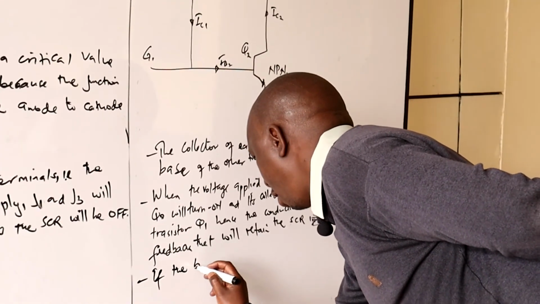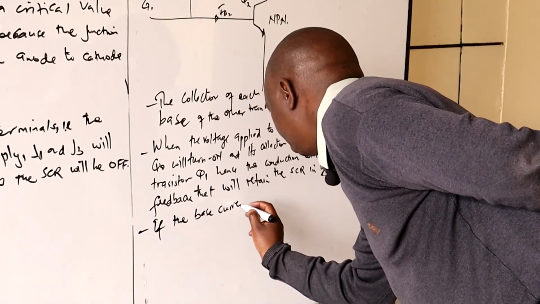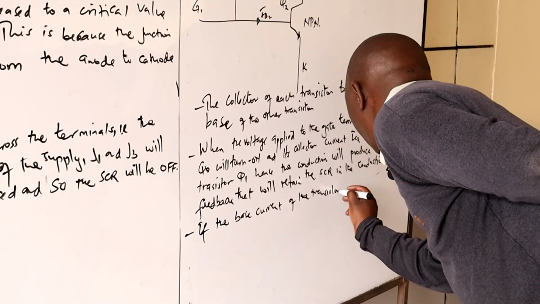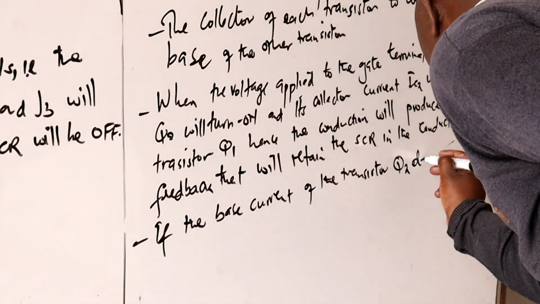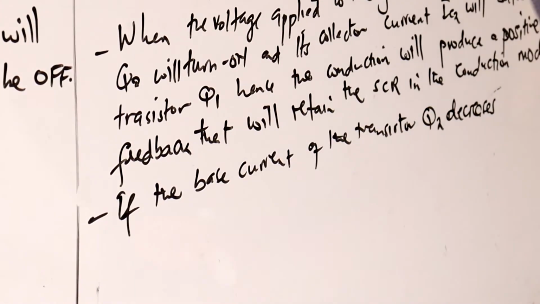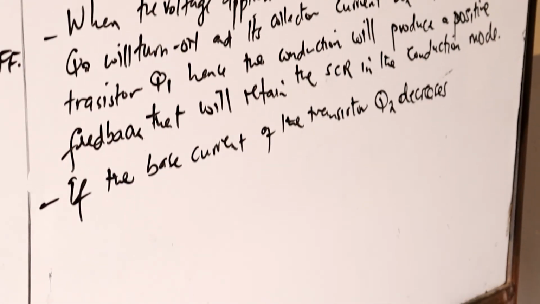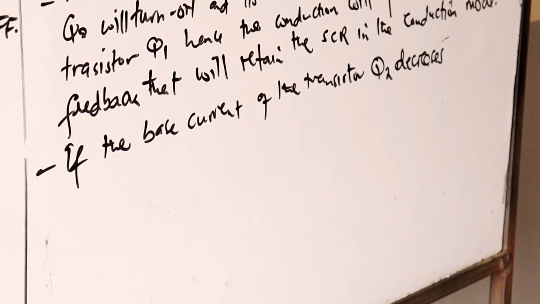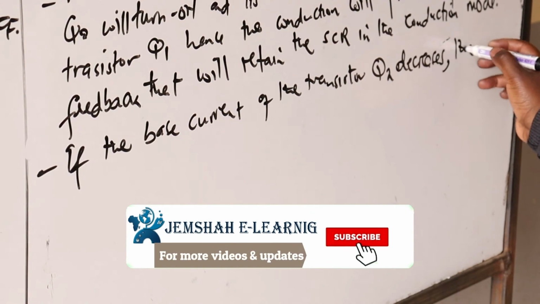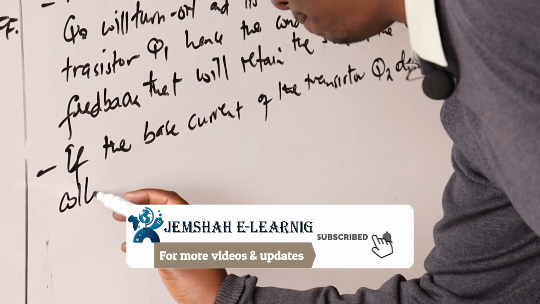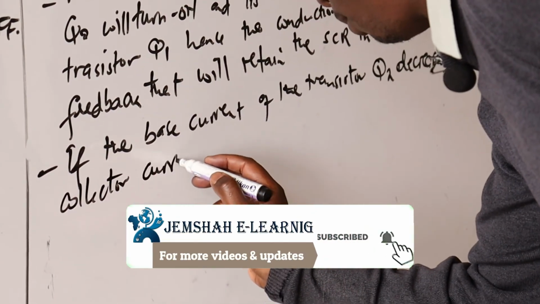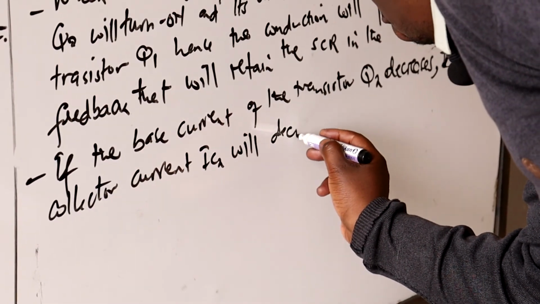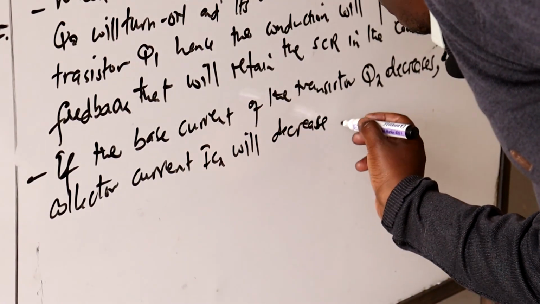If the base current of transistor Q2 decreases, the collector current IC2 will decrease.